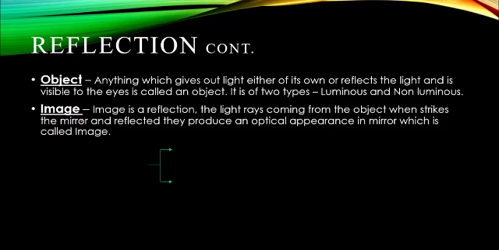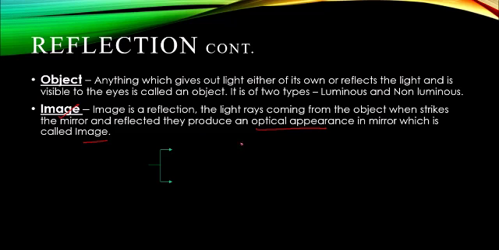Now what is image? Image is the reflection when the light rays which come from the object fall on the mirror or on the retina of our eye. They produce an optical appearance in the mirror, which is called the image. The optical appearance in the mirror is known as the image, or the optical appearance in the retina of our eye is called the image.